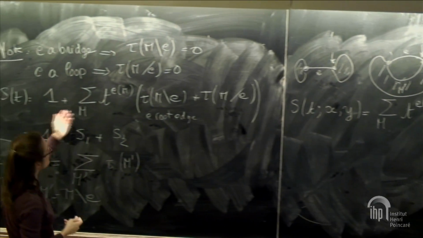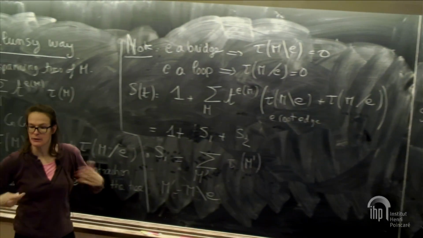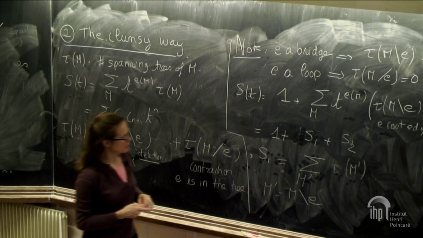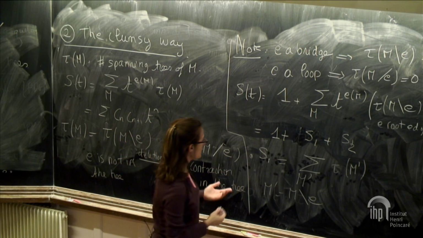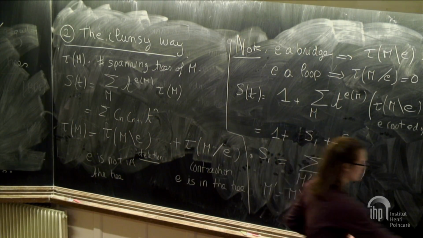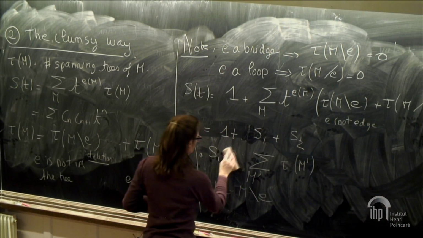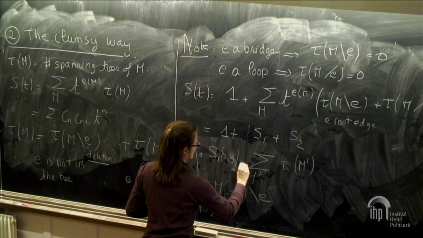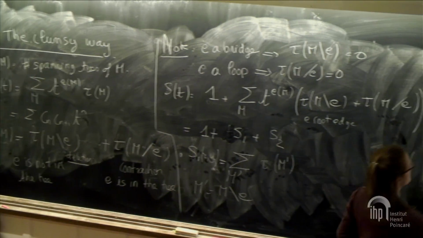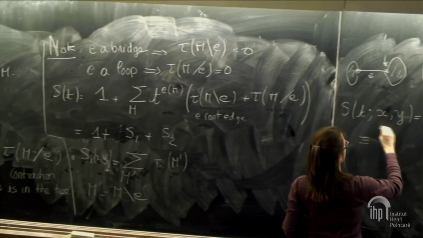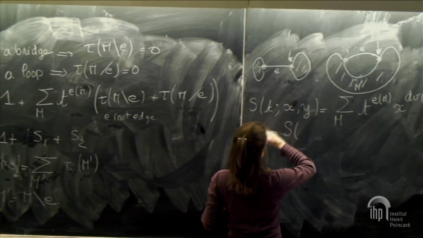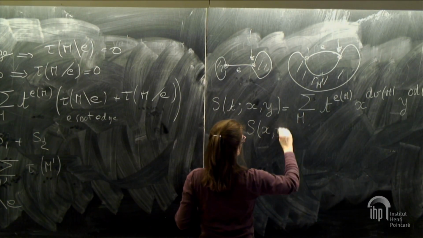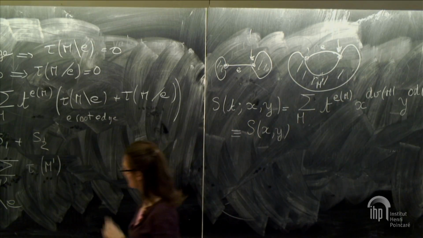Okay, so I return to this decomposition now, but carrying these two additional variables with me. So now S1 is some S1 of x and y and t. As before, I tend to forget the dependence in t and denote this by just x and y.